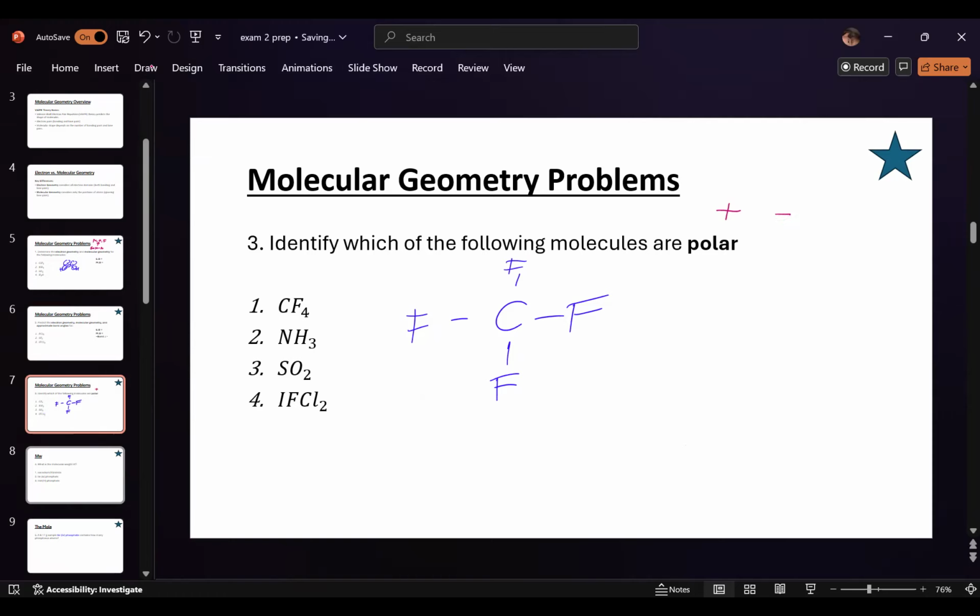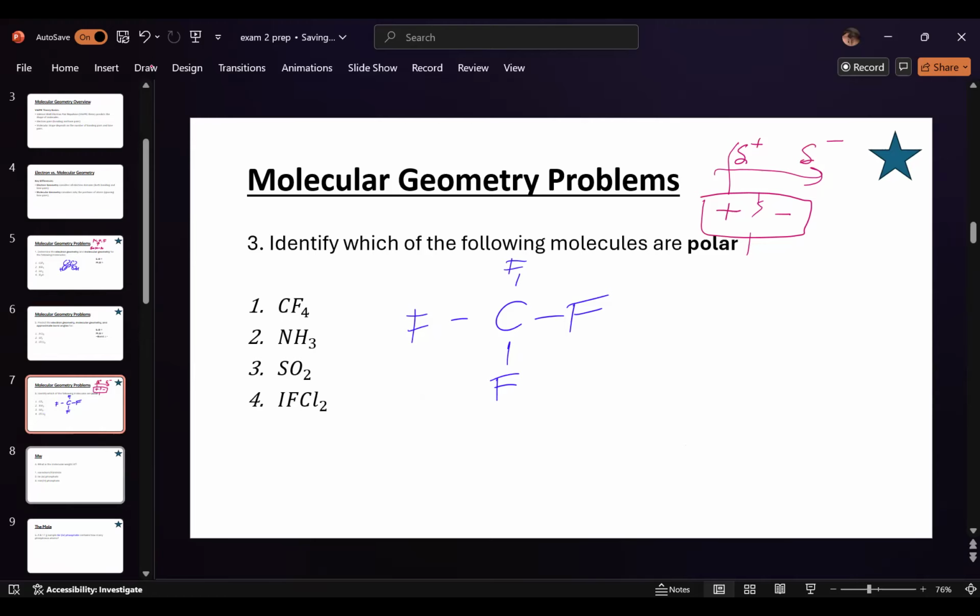Also, think about a battery. When you have a positive and a negative charge on a battery, there is a partial. The sign for partial is delta. There's a partially positive side on a battery, right? It's not entirely positive and it's not entirely negative. There's a partial positive side and a partial negative side, all right?